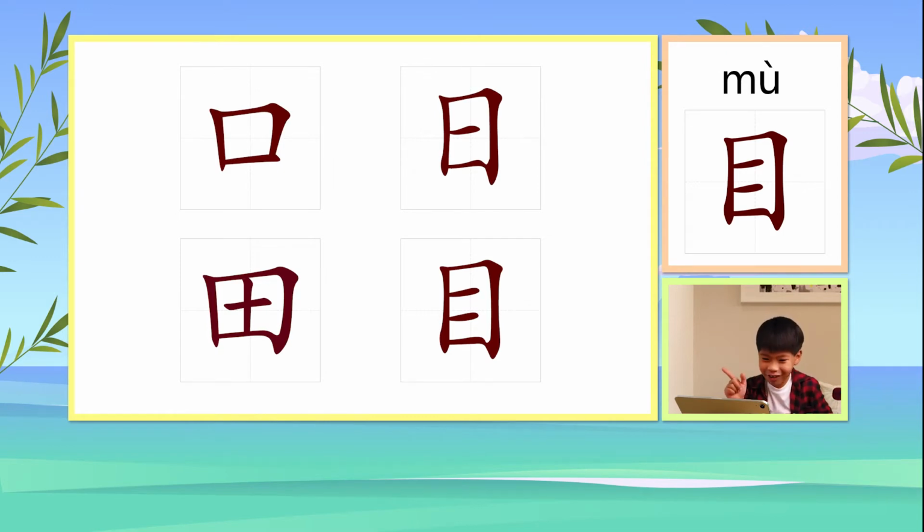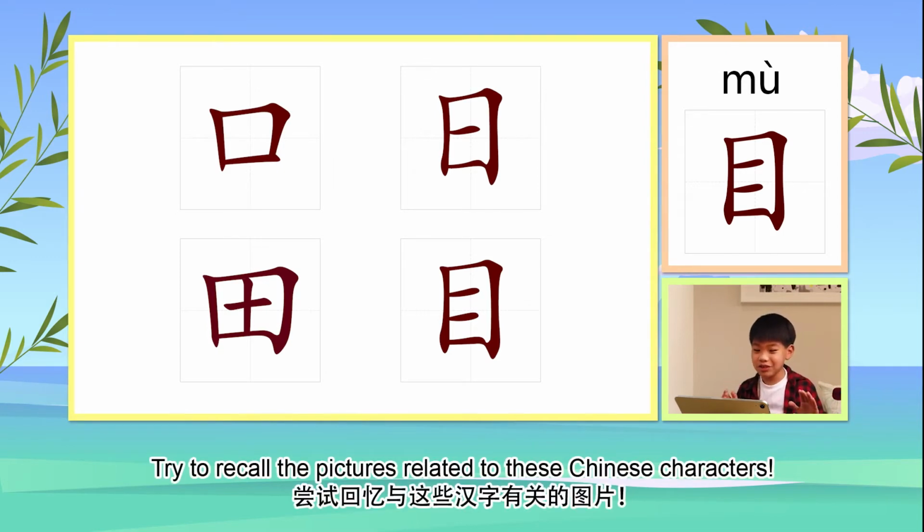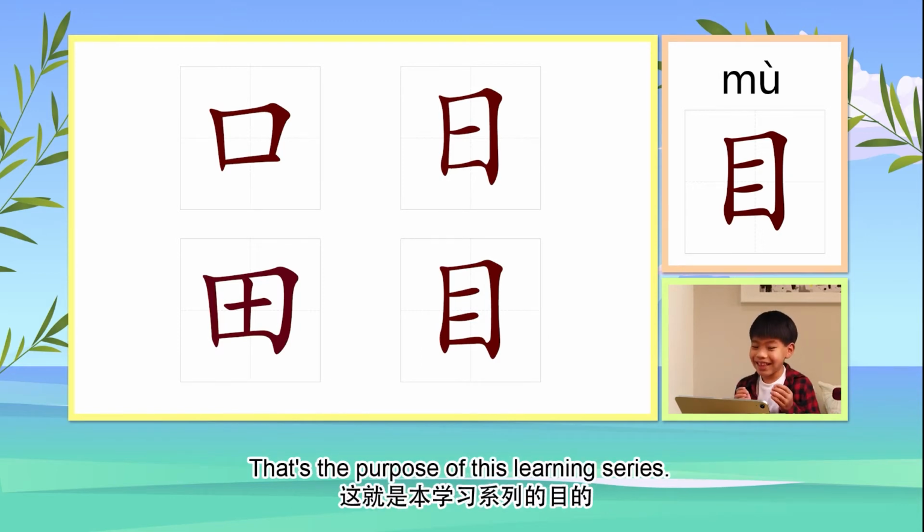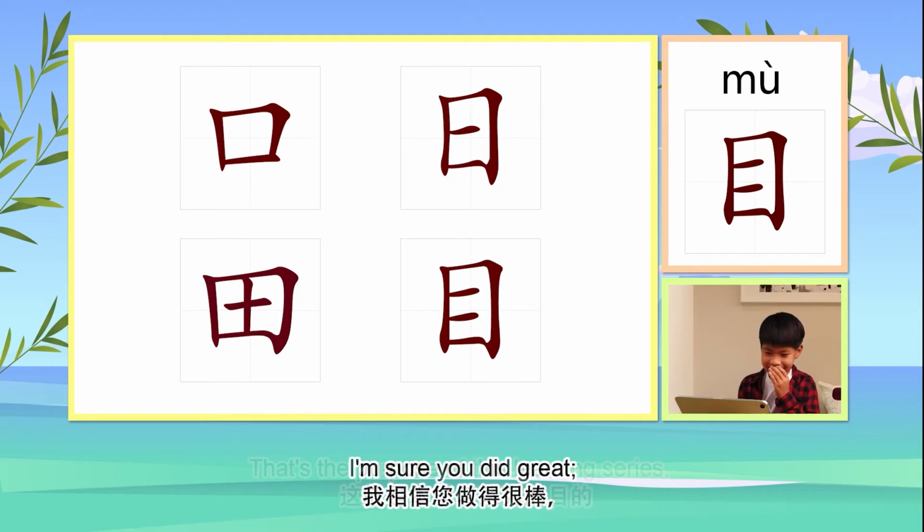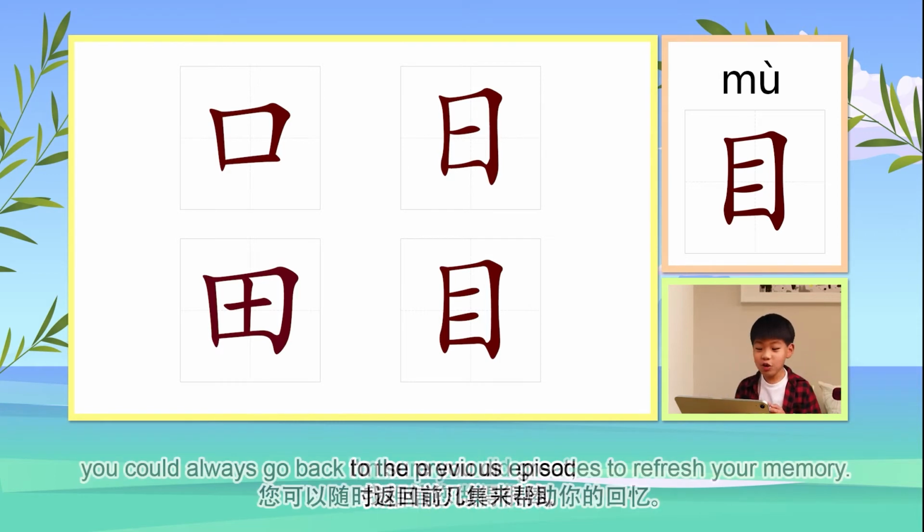I'm just gonna keep talking. Try to recall the pictures related to these Chinese characters. That's the purpose of this learning series. I'm sure you did great. You can always go back to the previous episodes to refresh your memory.